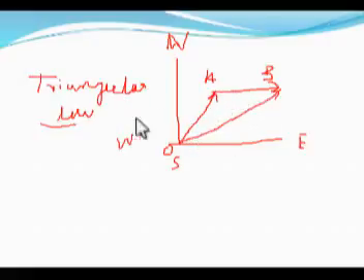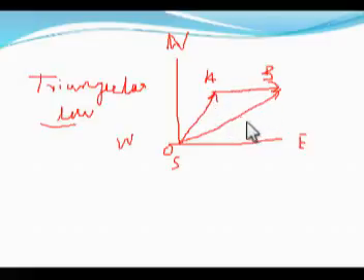The triangular law states that for a triangle, if two sides are taken in the same direction, clockwise or anti-clockwise, then the third side in the opposite direction gives the resultant of the earlier two vectors.